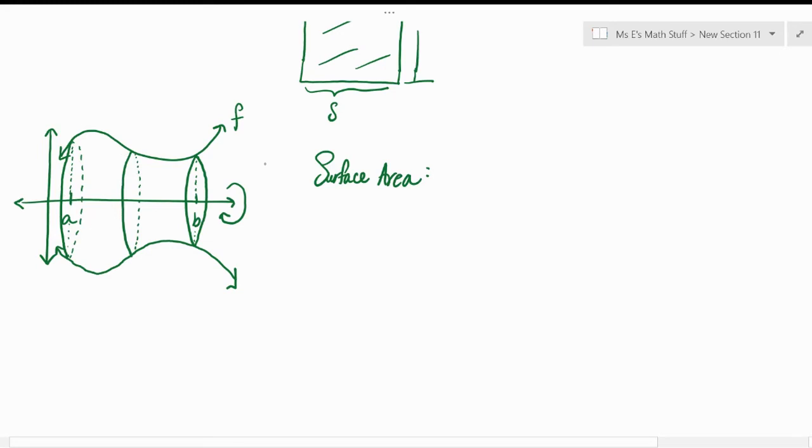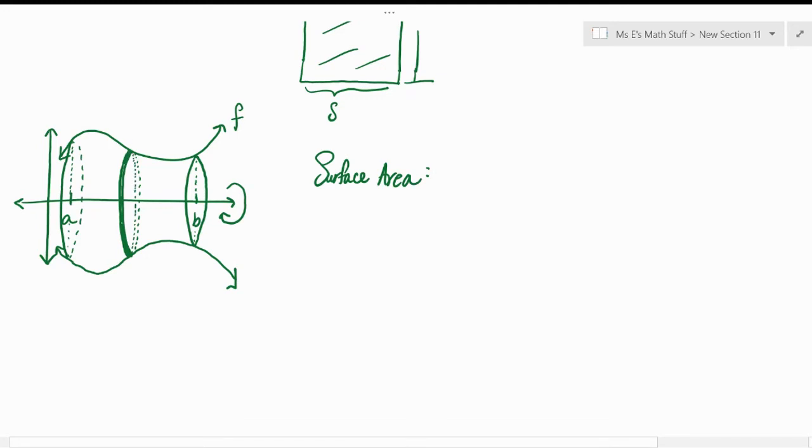Like, imagine I could cover this thing with infinitely many, infinitely thin rubber bands, and then I would just need to find an expression for the area of one of those infinitely thin rubber bands, and then make an integral, add them all up. So here I'm trying to draw.